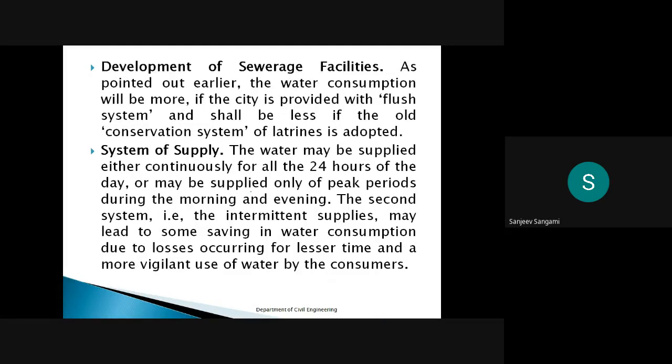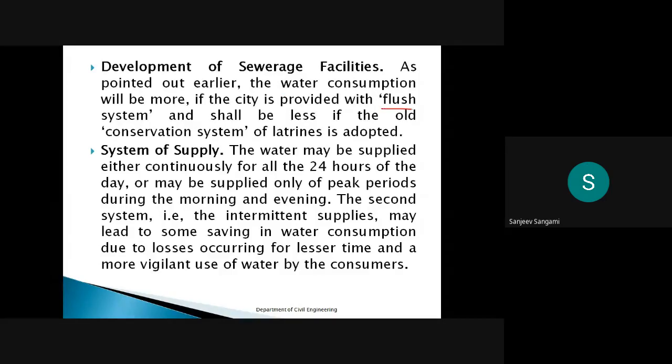Then the development of sewerage facilities. This is one more very important component among the basic factors affecting the per capita demand. As pointed out earlier, the water consumption will be more if the city is provided with flush systems, which I already explained.